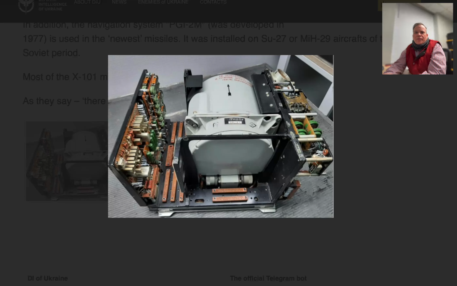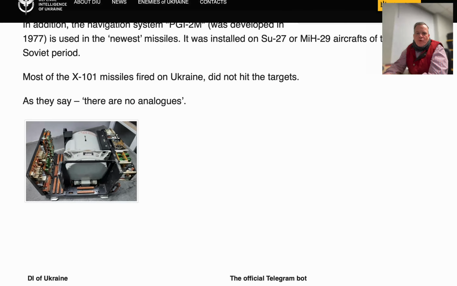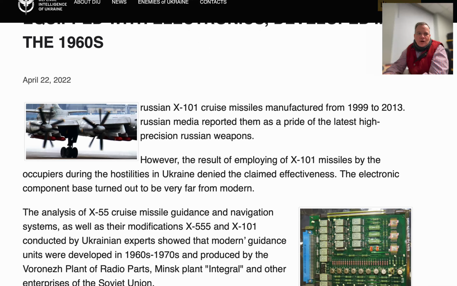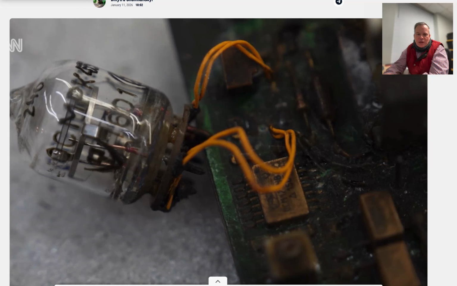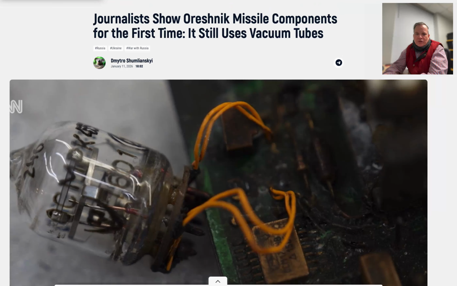And so I think the whole point of this article, or this broadcast from CNN, where they showed us supposed parts from the Oreshnik missile that were taken from the early stages of rocketry and missile production, there's, of course, an agenda behind that.